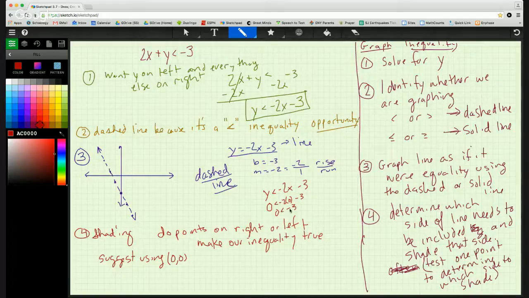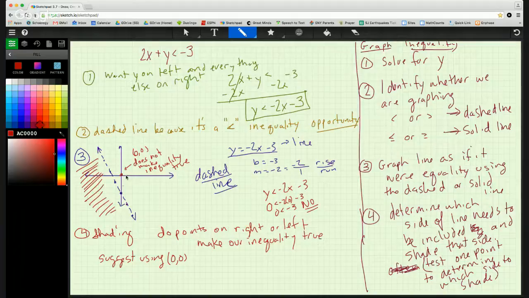Is 0 less than negative 3? The answer is no. So 0, 0 does not make the inequality true, so we're going to shade the other side.